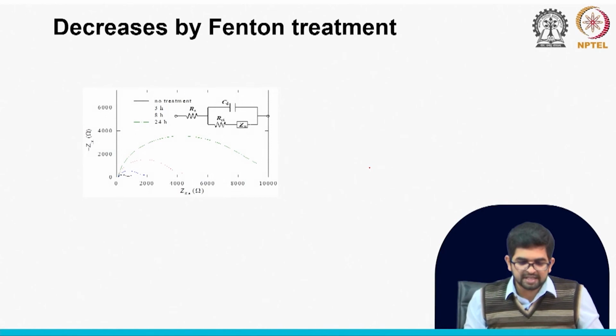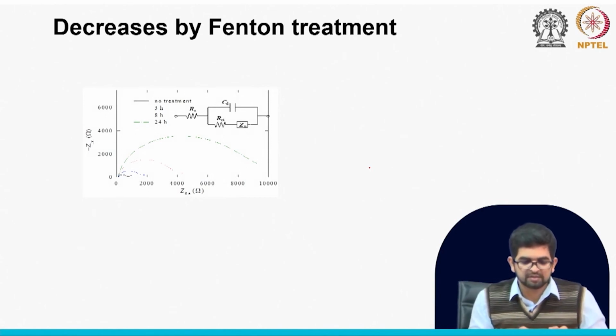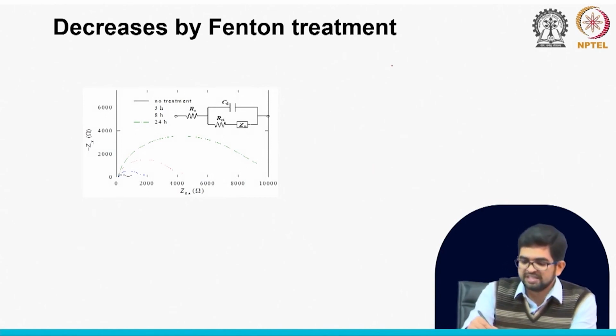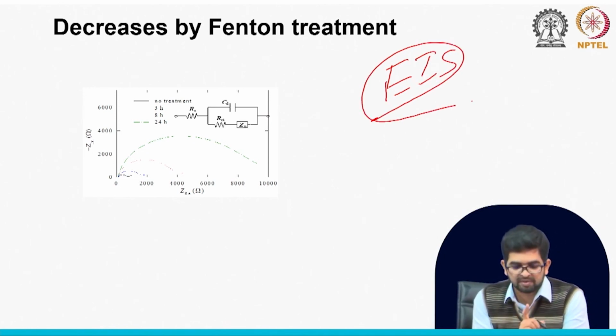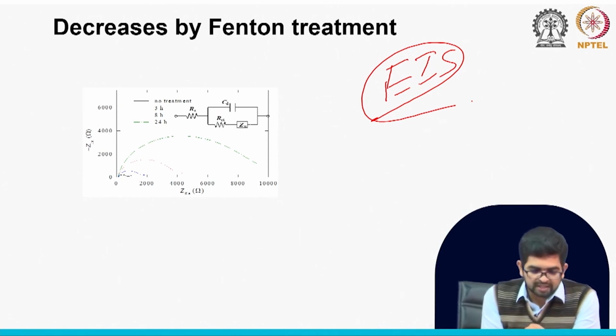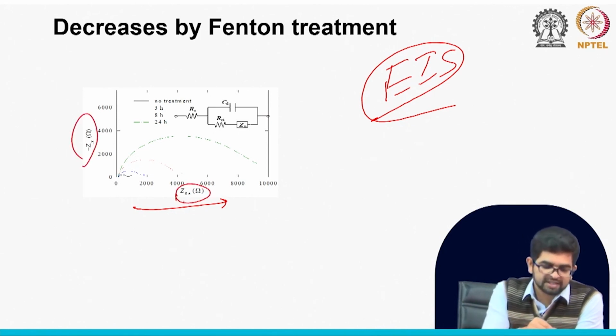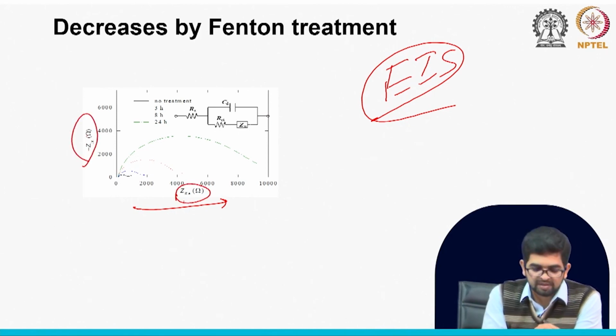This decreased activity we also measure with the help of electrochemical impedance spectroscopy, the EIS. I think you remember from last time: the x axis is the real value of the impedance, and the y axis is the imaginary value.